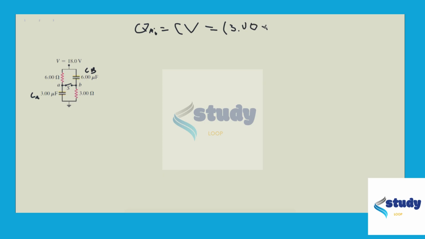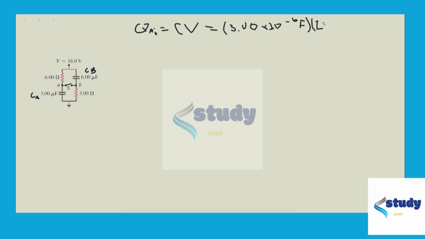3.00 times 10 to the minus 6 farads, times... what's the voltage? Because the switch is open, the voltage across each capacitor is the same, because there's no current, so there's no voltage drop across the resistors. So it's 18 volts.